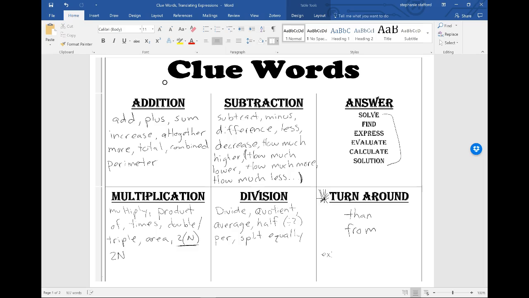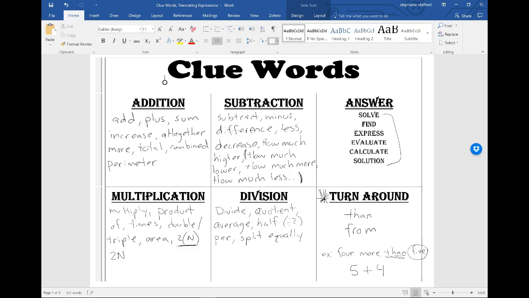So if I say 4 more than 5. When I go to write that out, the more tells me to add, but the than tells me that the 5 has to come first, the 4 comes second.